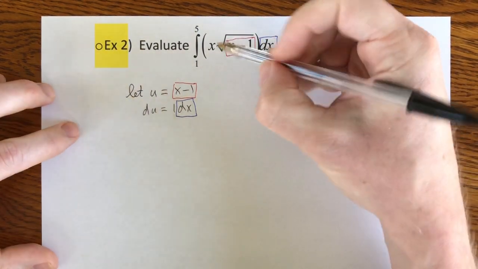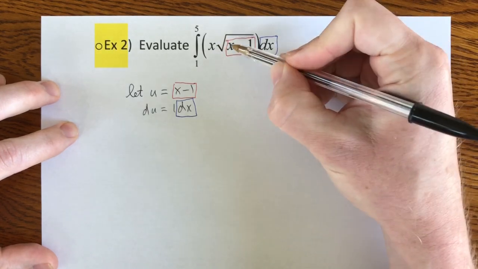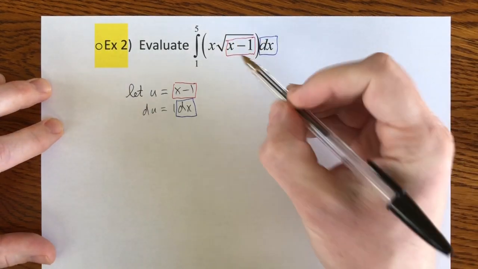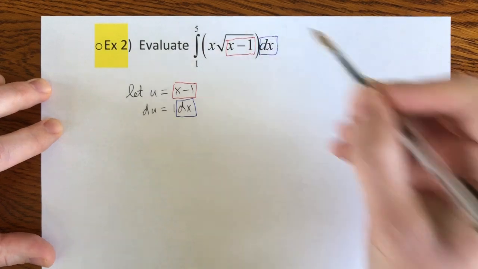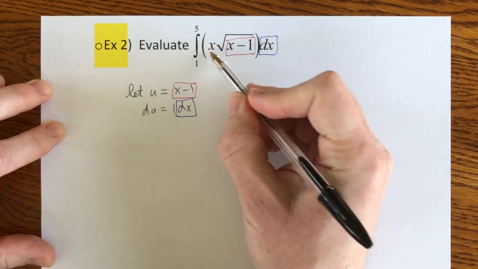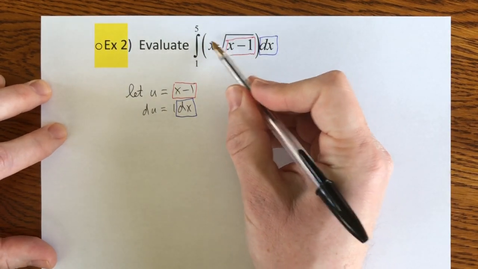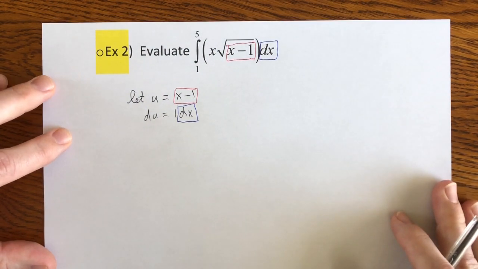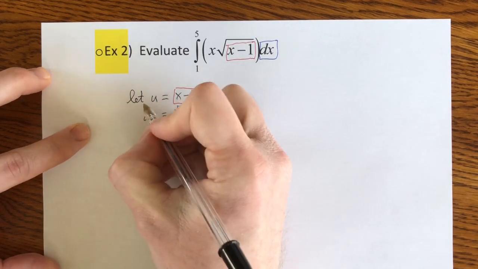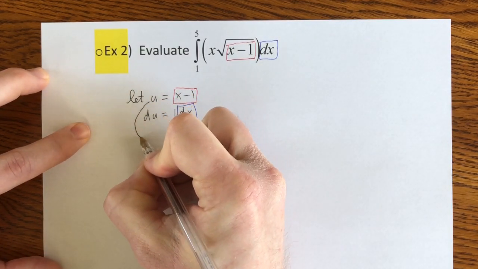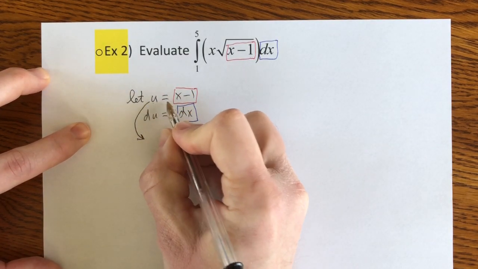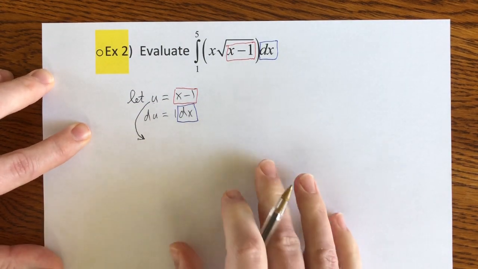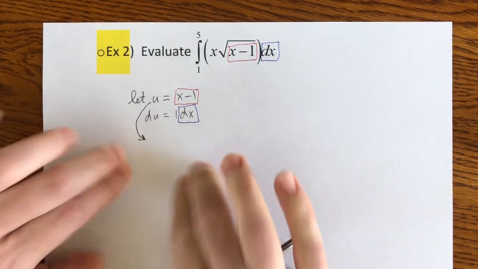The only piece that we're not going to be worried about is this radical, because we can rewrite that as the quantity of whatever this is to the 1/2 power. But we're still trying to figure out what we can let x be equal to, and we have to make this x be something in terms of u. Here's how we're going to do that. Look at this original statement, u equals x minus 1. Here's the trick. Are we ready? Drum roll.